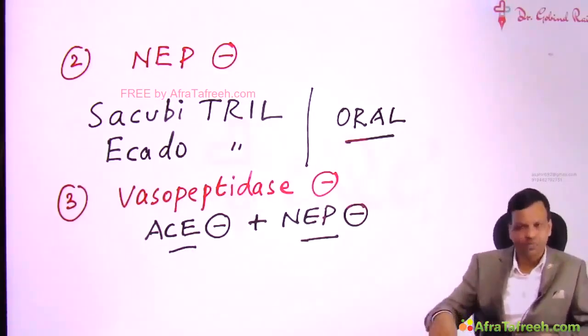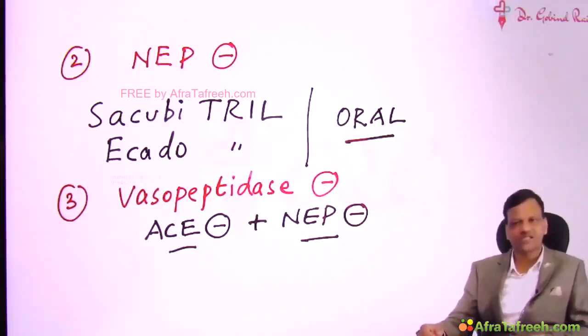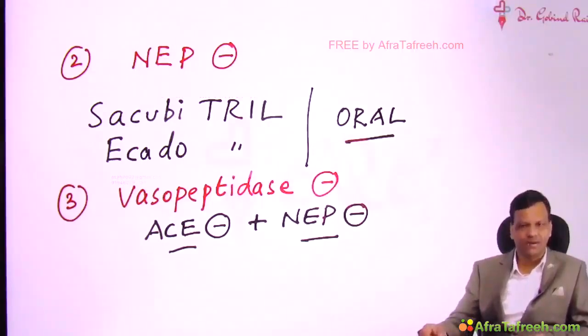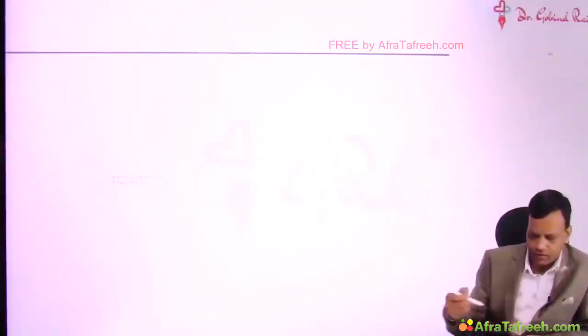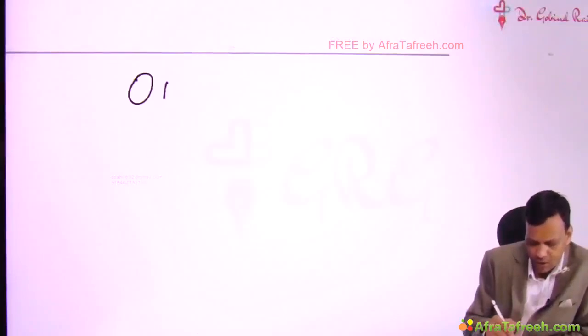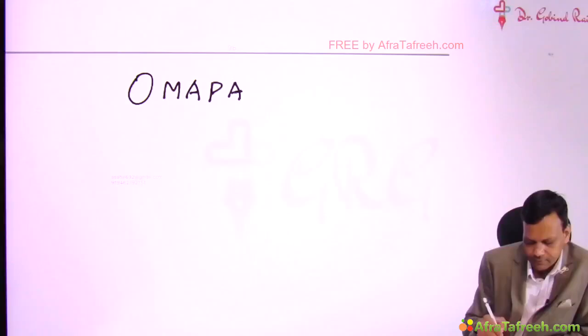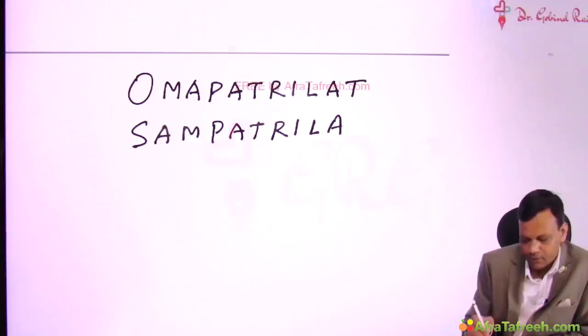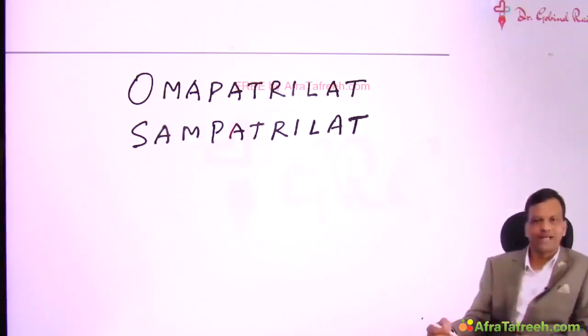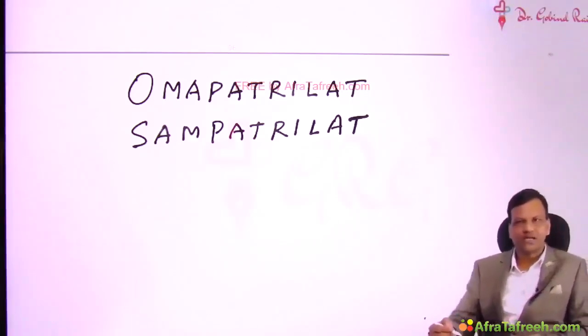So the drugs having both properties, that means ACE inhibitor plus neprilysin inhibitor, are called vasopeptidase inhibitors. And in this group, we have drugs like omapatrilat and sampatrilat. Omapatrilat and sampatrilat are vasopeptidase inhibitors, that means ACE inhibitors plus NEP inhibitors.